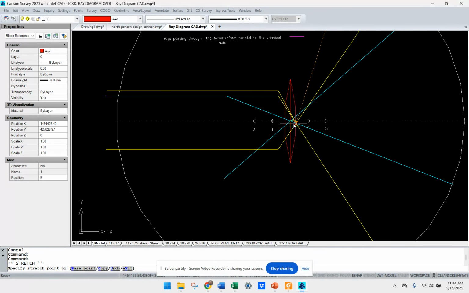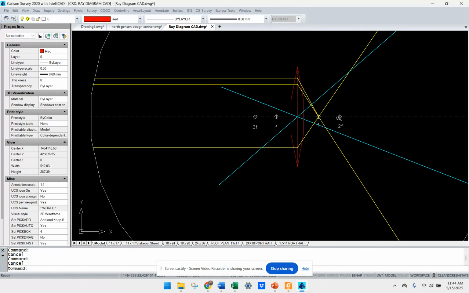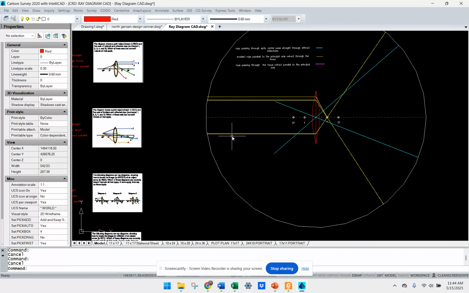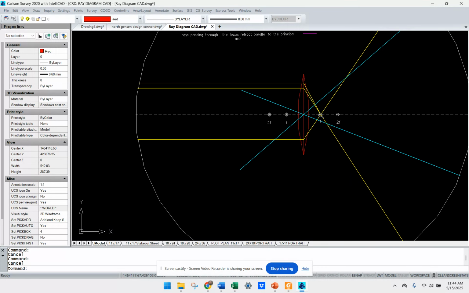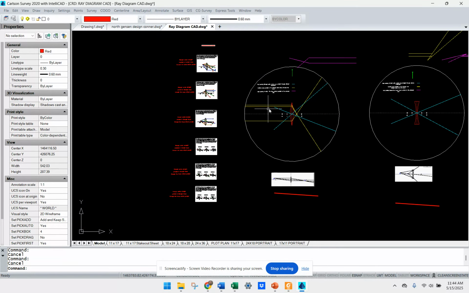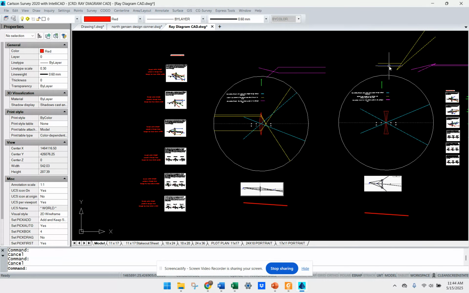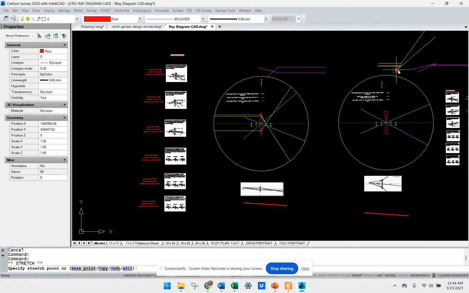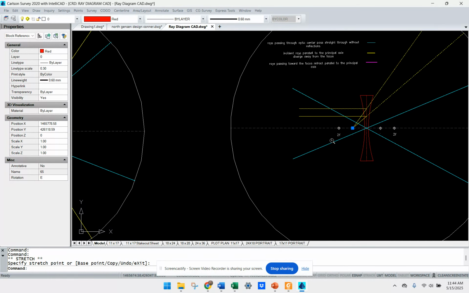If a ray comes in parallel, and that would be an example by them coming in over here on the left side, they come in parallel. They all converge through the focus. And then conversely on a diverging lens, if they come in parallel, they all diverge, and I have a couple examples here.